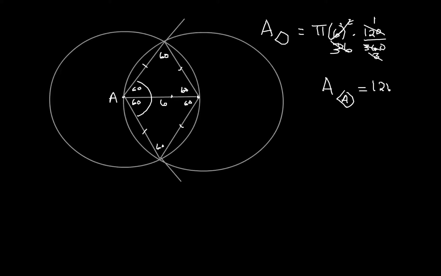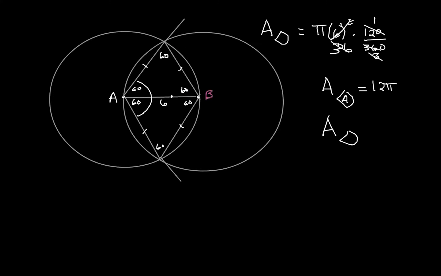All right, now here's the tricky part. Now we're going to find the area of sector B. So if I did that, I'm just going to shade it in and then I'm going to erase it again. Let's just use this purply color.